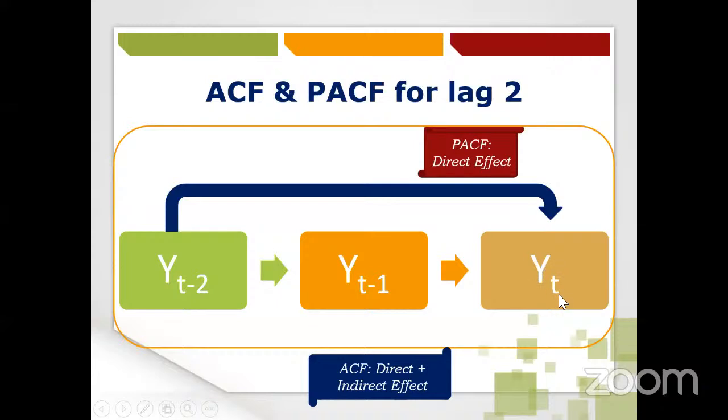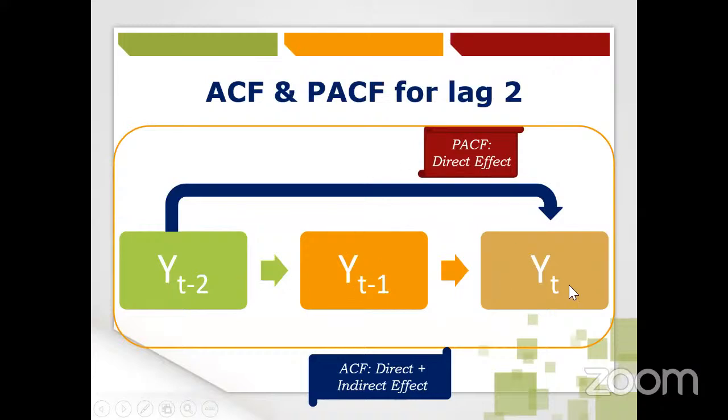So if you have an observation today, an observation yesterday, and a day before yesterday, what the partial autocorrelation talks about is how the day before yesterday's observation affects today's observation directly, not through the channel that the day before yesterday's observation affects yesterday's observation, and then yesterday's observation affects today's observation.